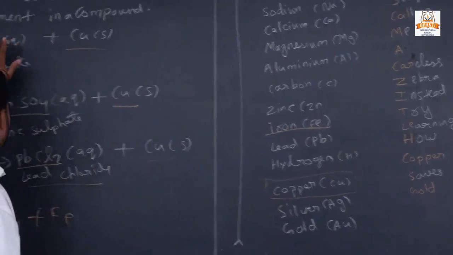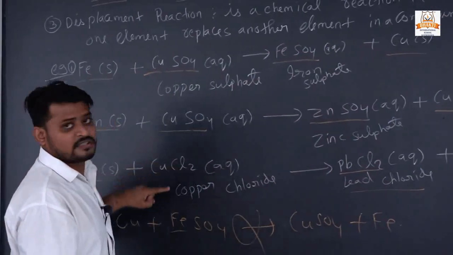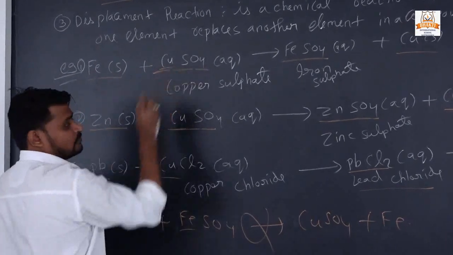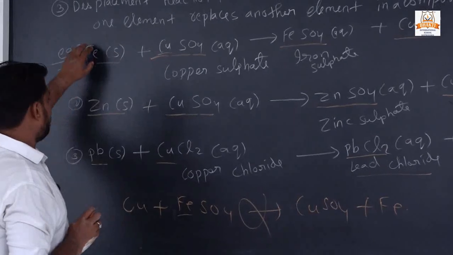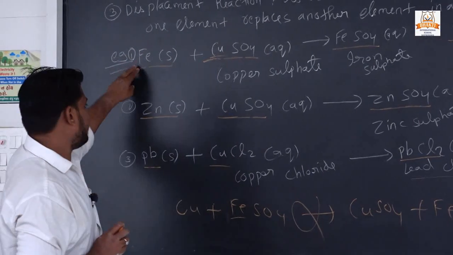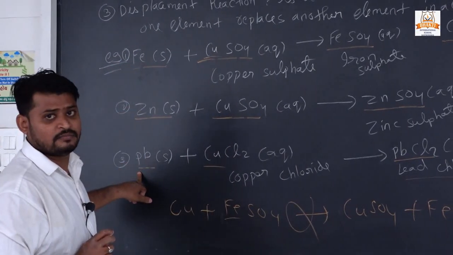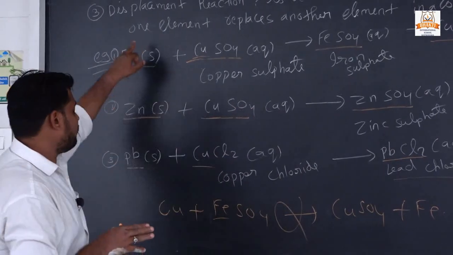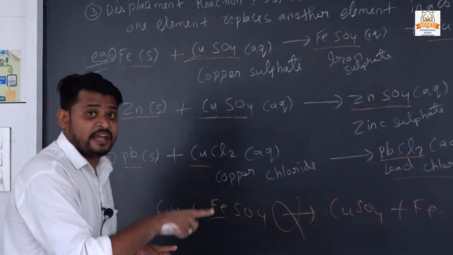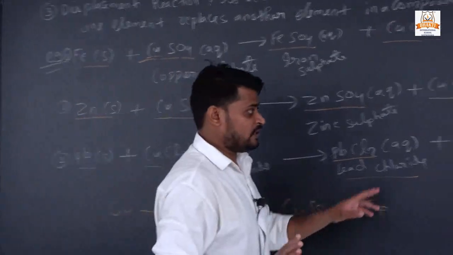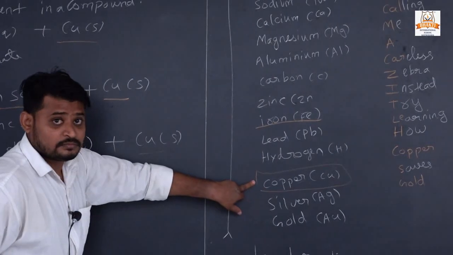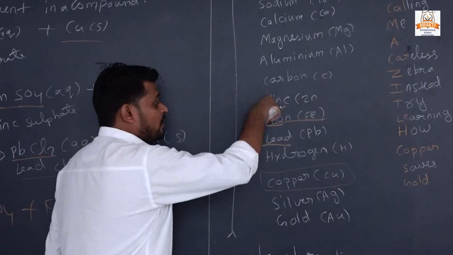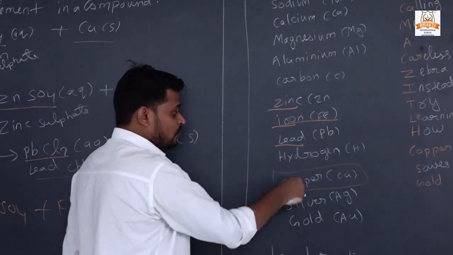So what we have taken here: all the compounds are of copper, and we take a separate metal: iron, zinc, lead. So we see in the reactivity series whether all the elements we have taken are more reactive than copper or not. See here, iron, lead and zinc are all more reactive than copper.